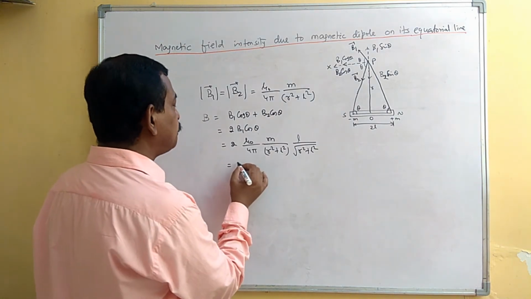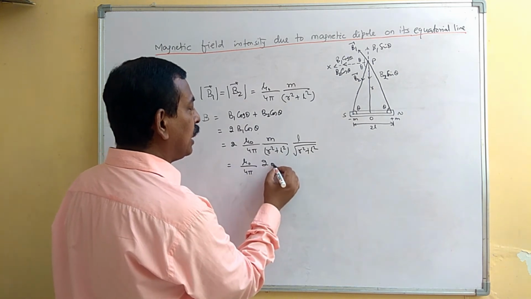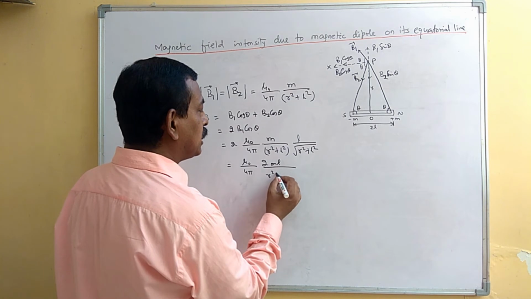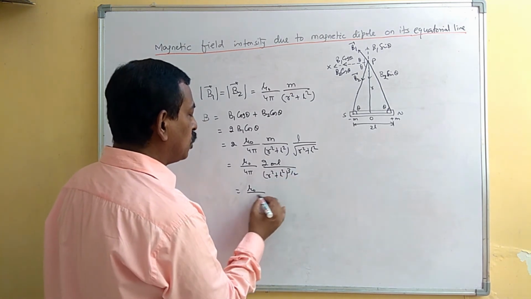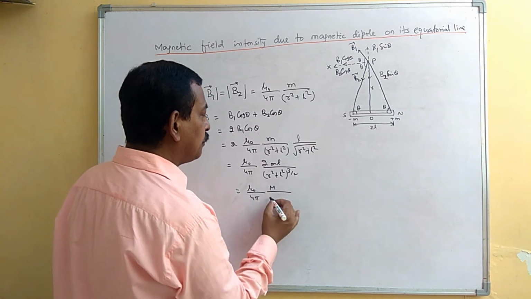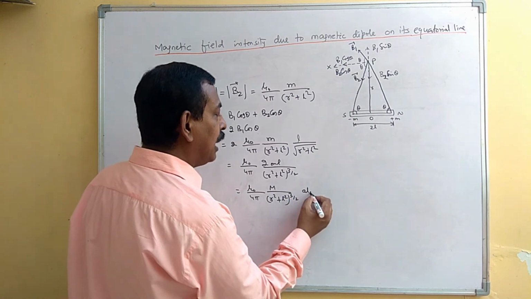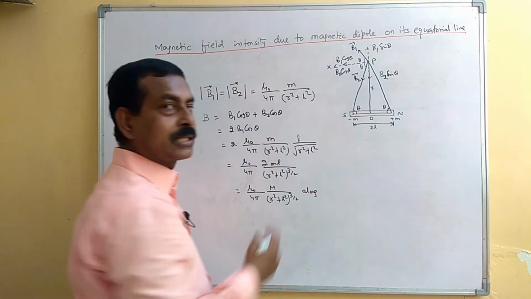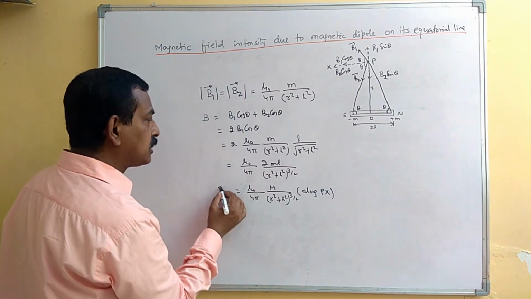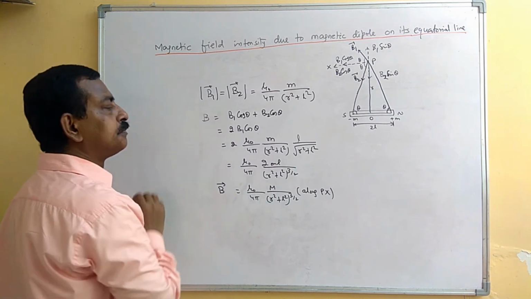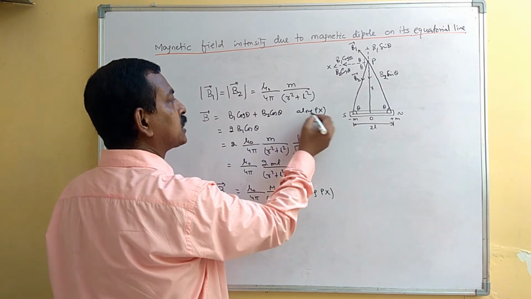So this is mu naught by 4 pi, 2ml divided by r square plus l square power 3 by 2, and this is along PX. So this is your B vector, along PX.